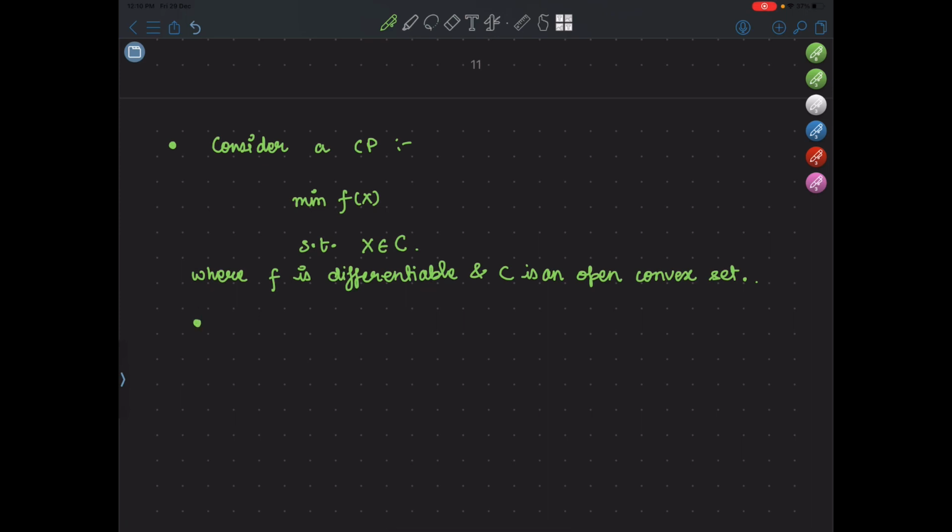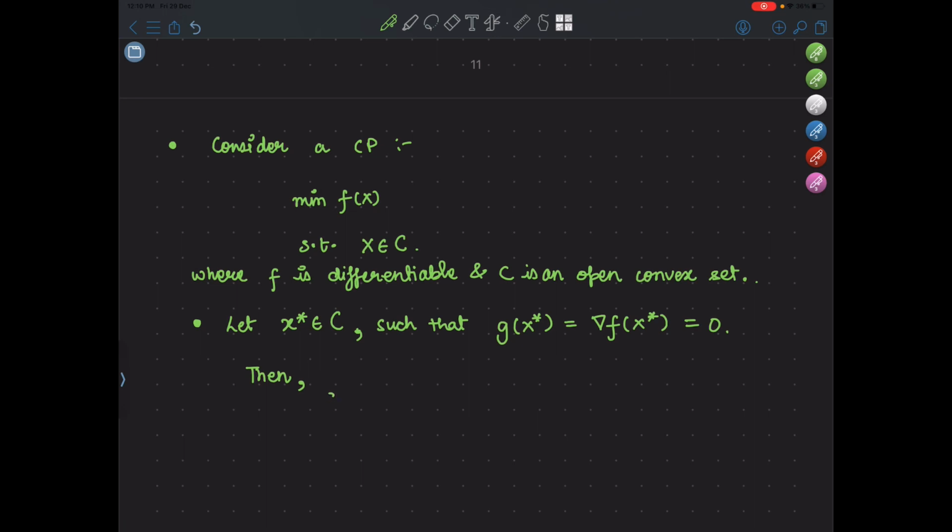Now we assume a point in C where the gradient of f vanishes. That is, let x star be some point in C such that g(x star), which is equal to the gradient of f at x star, becomes 0.